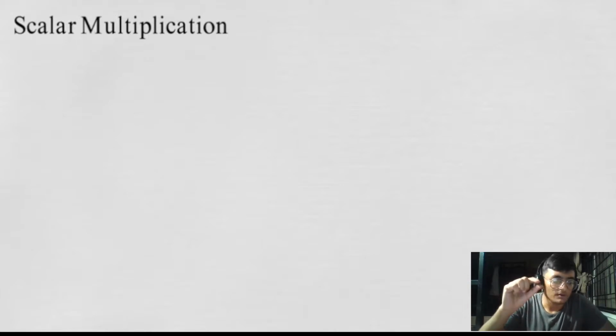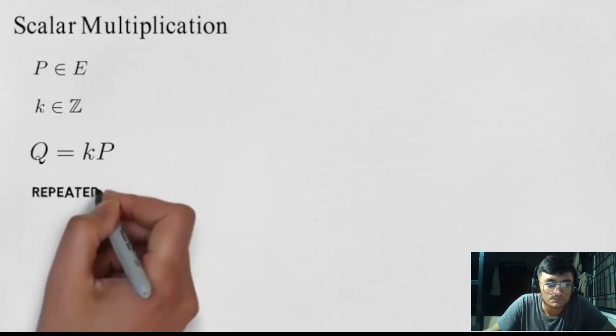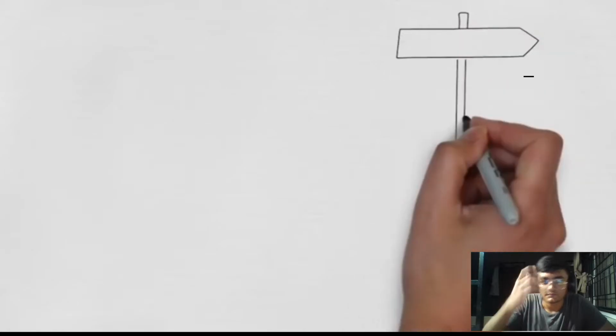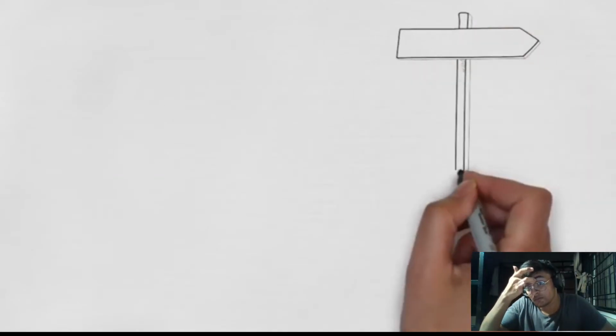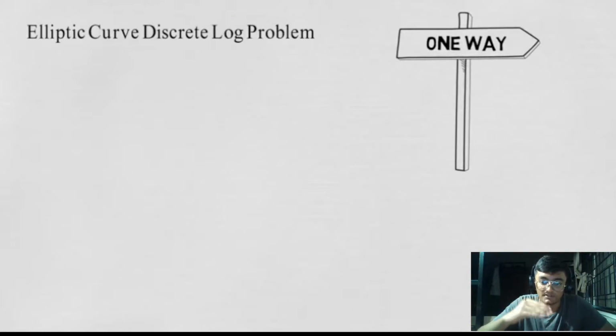When we have a point P on this curve and an integer k, we can find a q such that q is equal to kP, which is called repeated addition of the given point P. This type of function is called a one-way function: given the encrypted value, we can't get back the original value.